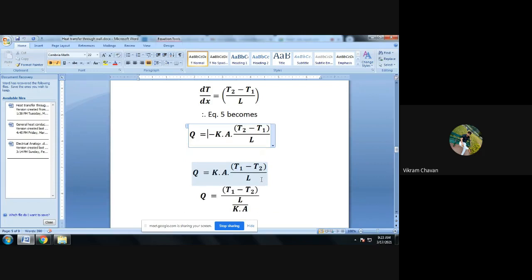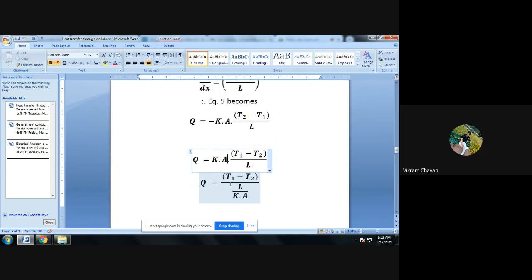Further, if you want to find the thermal resistance, we have to rearrange the equation without changing its significance. We transfer K multiplied by A to the denominator side.